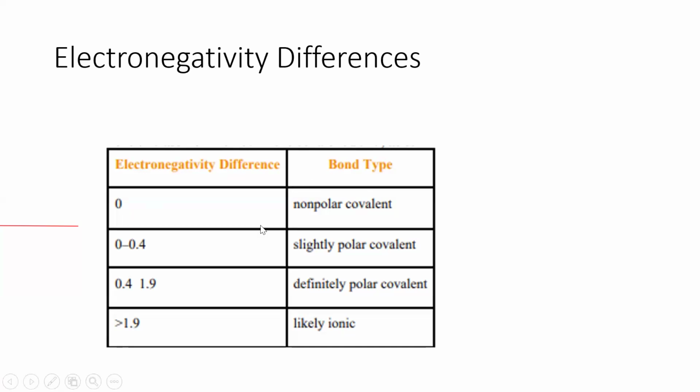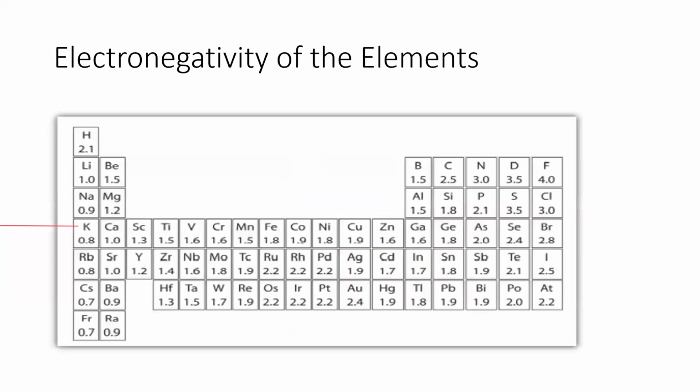From 0 to 0.4 is slightly polar covalent, and from 0.4 to 1.9 is definitely polar. When the difference is greater than 1.9, then it's likely ionic. You understand? We'll do examples with it. And like I said, this is the chart. You see the chart?